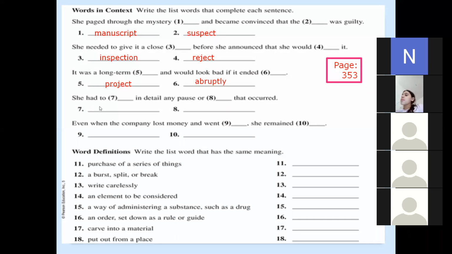She had to what? Describe. In detail. Describe in detail. Excellent.